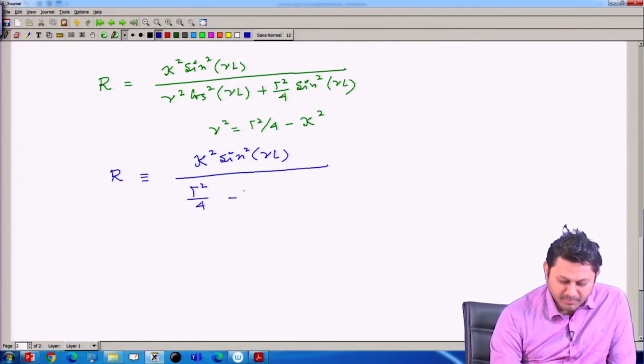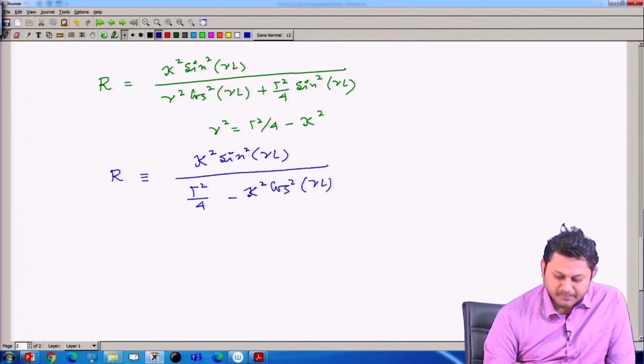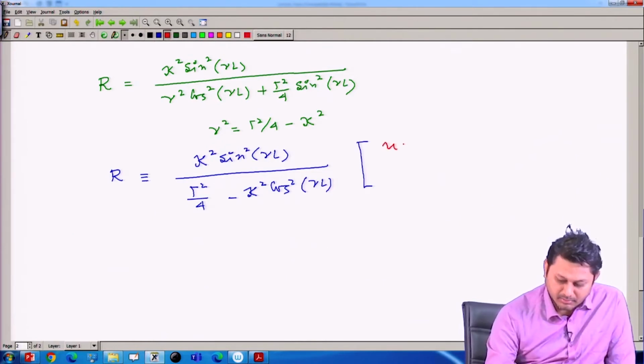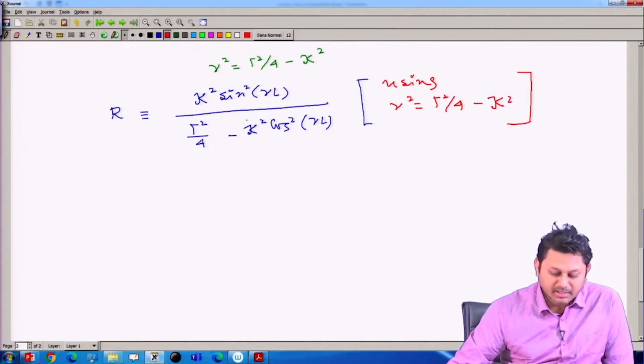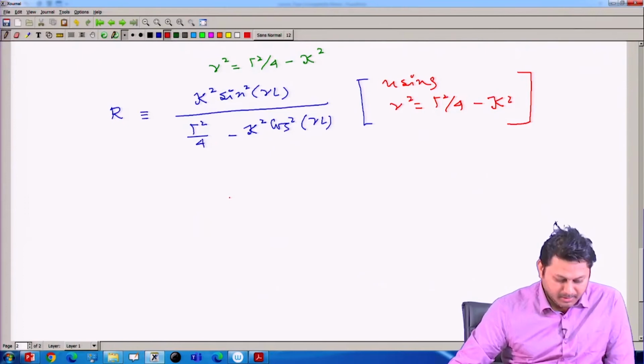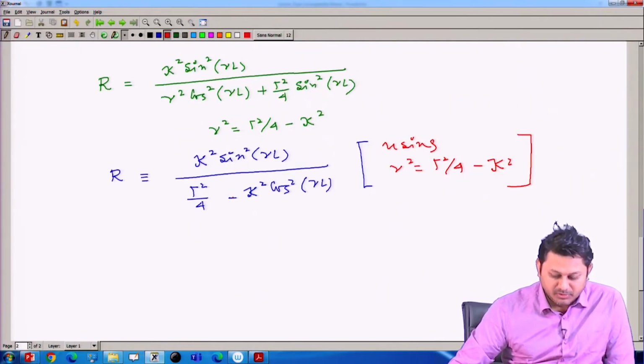So, here I should write using gamma square equal to big gamma square divided by 4 minus kappa square. If I use this condition, then I can get this equation.